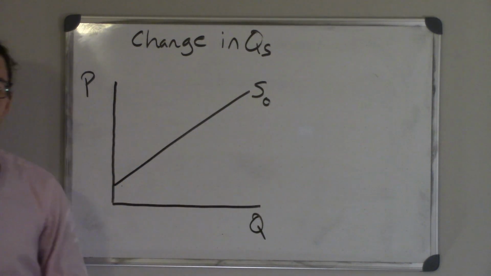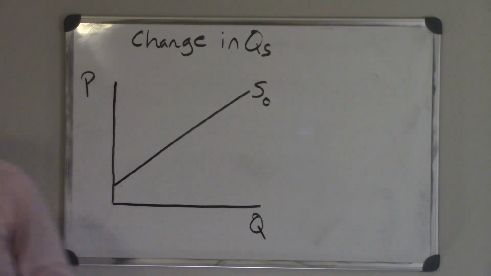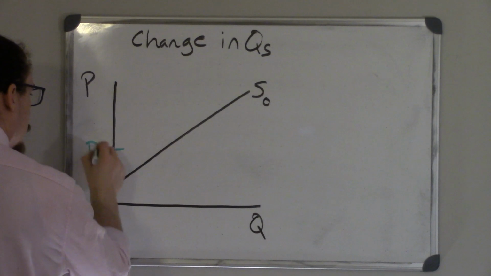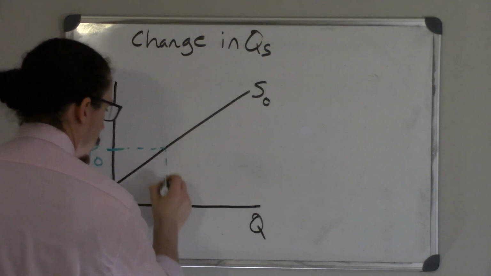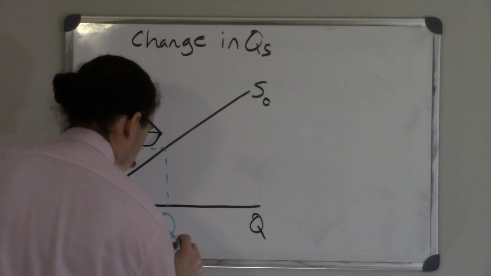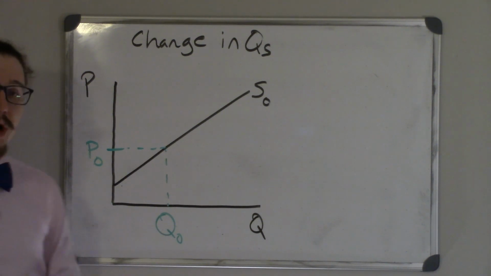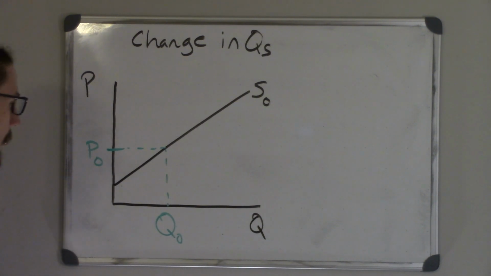Labeled our axes, labeled our supply curve. We're going to start with, say, P naught. All right, so at a price of P naught, we would have a quantity supplied of Q naught.